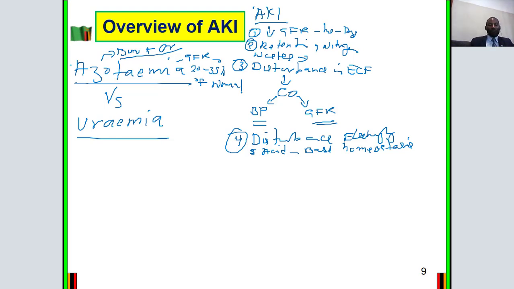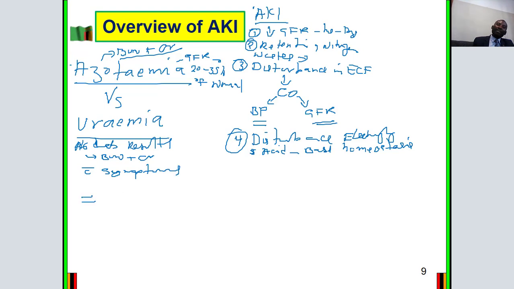Now, when we talk about uremia, uremia simply means deterioration of renal function that is associated with symptoms. So here there are abnormal lab results, which I've mentioned, BUN plus creatinine, with symptoms.